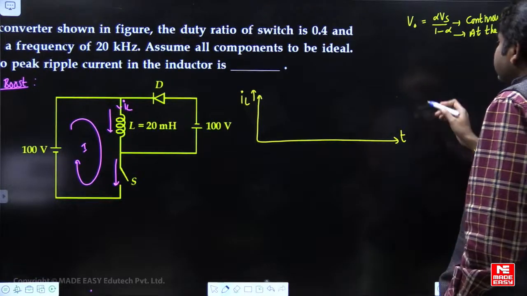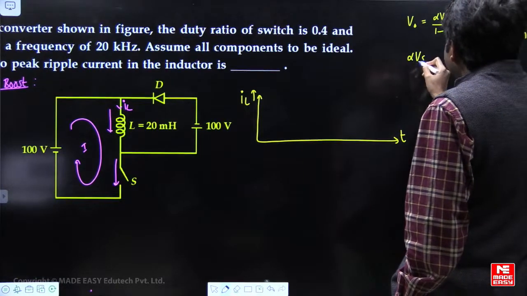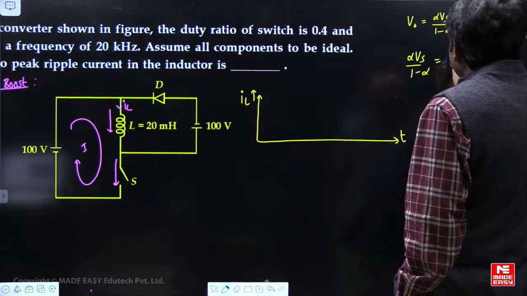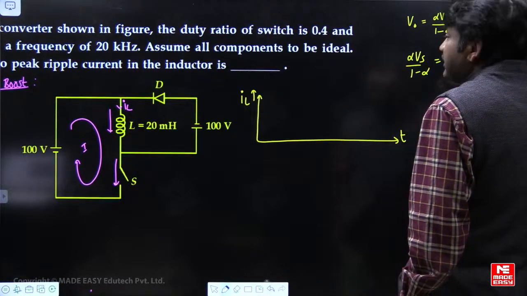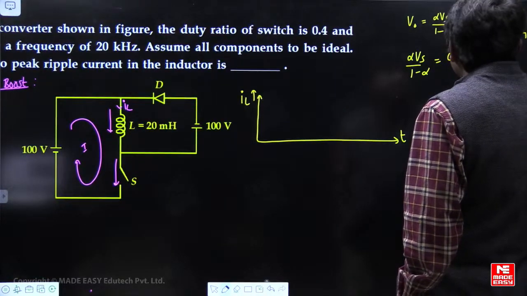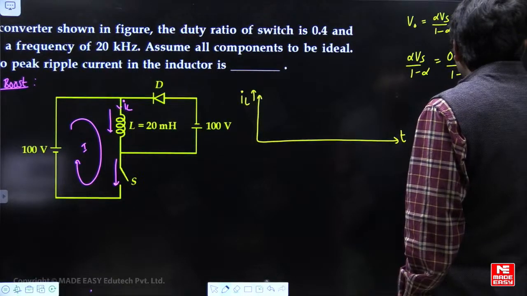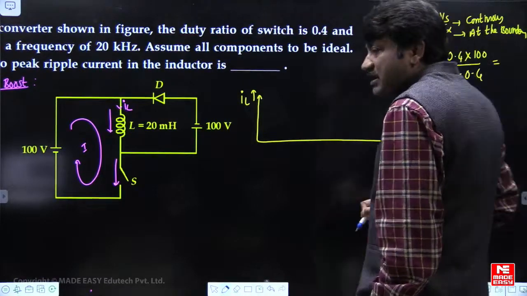Okay. So let us calculate this value. Alpha Vs by 1 minus alpha. Alpha is 0.4 into supply voltage is 100 volts by 1 minus 0.4. Dear students, calculate this value.